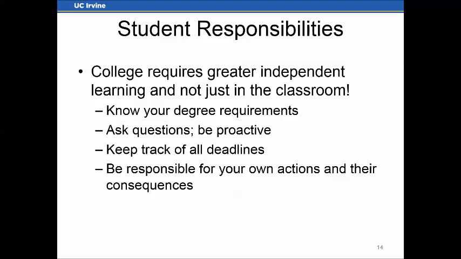So be responsible for your own actions and expect the consequences when things are overlooked or even forgotten. The excuse of not knowing, the excuse of not remembering is not extenuating. Being responsible for your actions and their consequences is part of all that, unfortunately, because "I didn't know" or "I forgot" is not extenuating. These are the things you need to know and not forget.